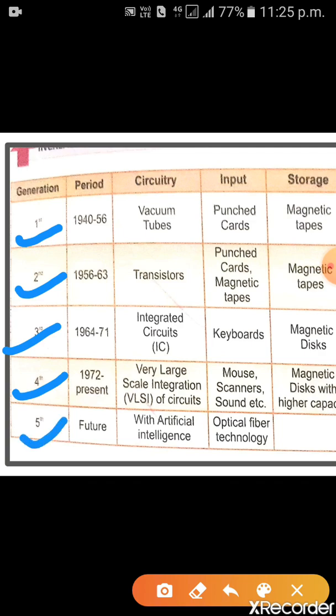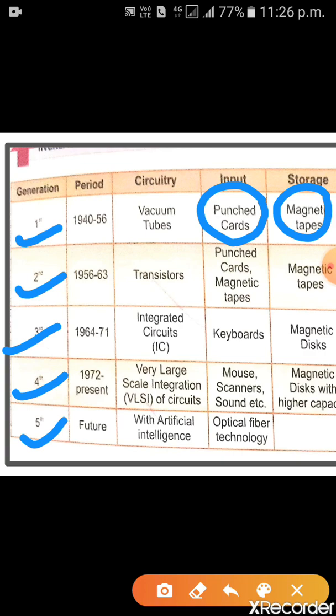In the first generation of computer, children, vacuum tubes were used, the input devices were punch cards and the storage device was magnetic tape.